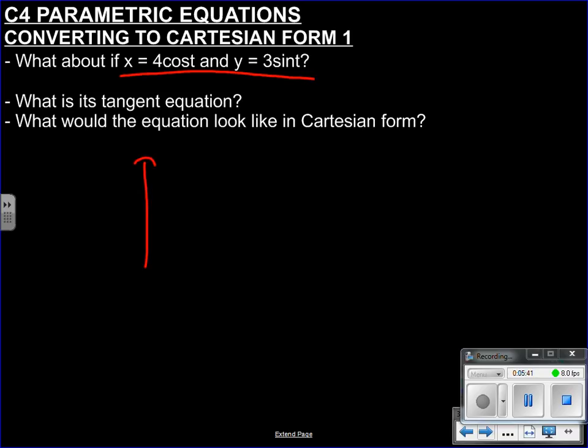Well, I could whack in loads of values of t, start plotting out my points, right? I can put any value of t in there and everything will be absolutely fine. I'll always be able to plot my points. So I could try t equals 0, I could try t equals pi, pi by 2, pi by 4, pi by 6, etc. Okay?